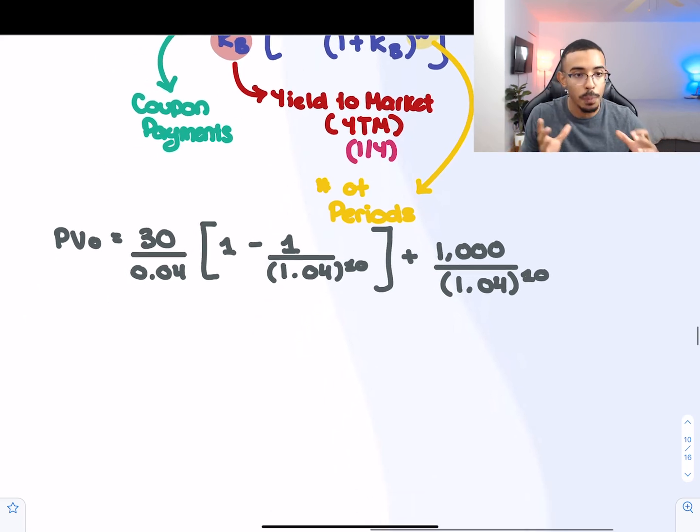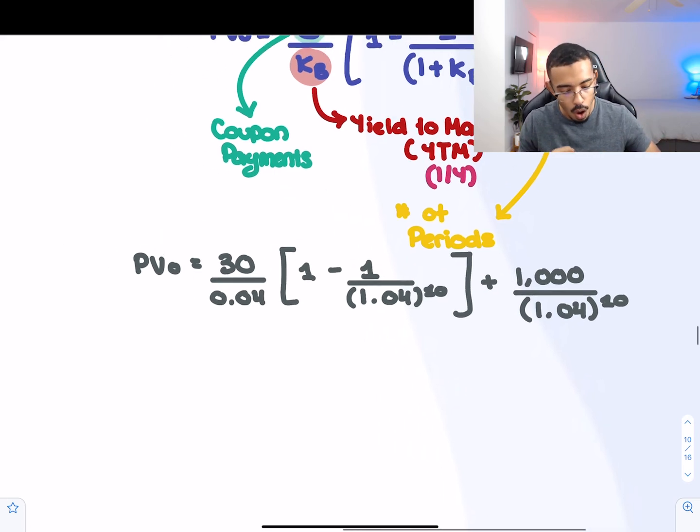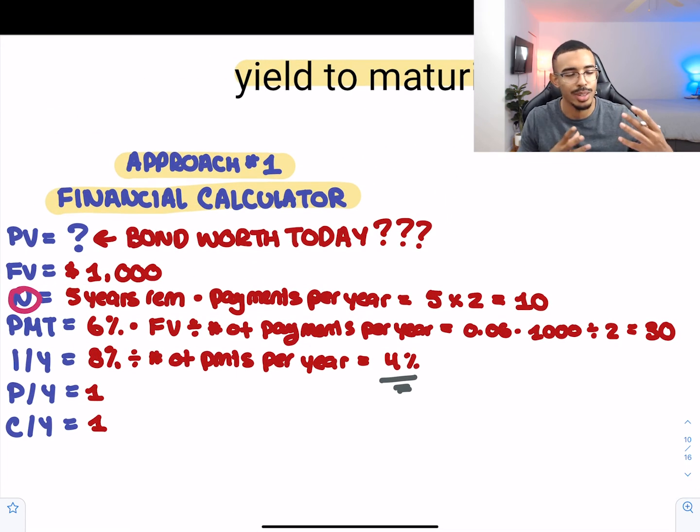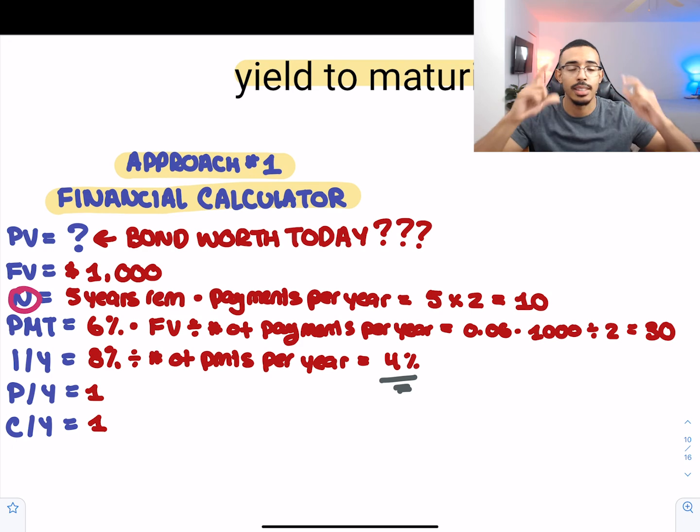Now that's how you plug in all the different information we've discussed. Now, as you can see, I want to make this extremely clear. All of the values we have are the same ones we looked at towards our financial calculator. So the same thought process can be applied, okay?